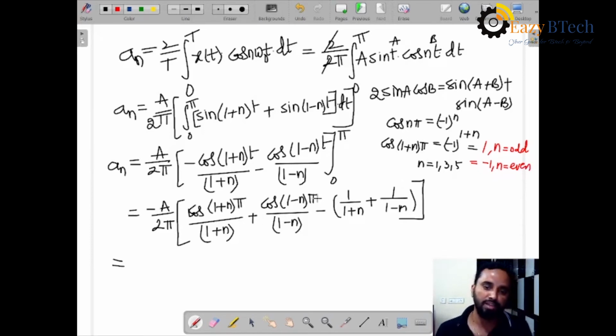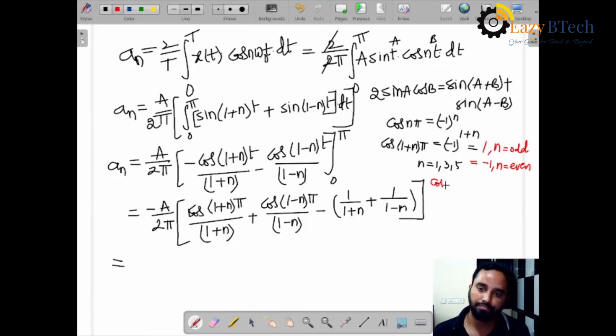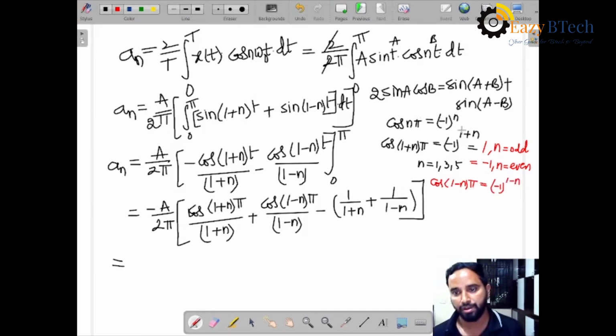Similarly, cos((1 minus n)pi) is written as (minus 1) power (1 minus n), since cos n pi is (minus 1) power n.